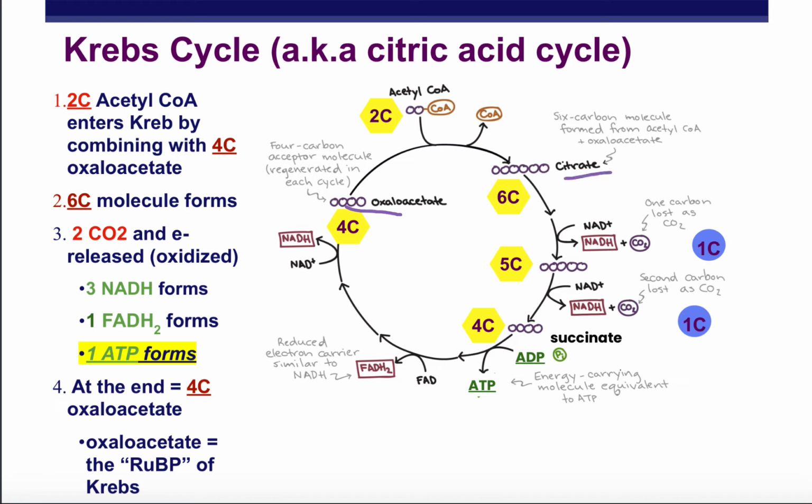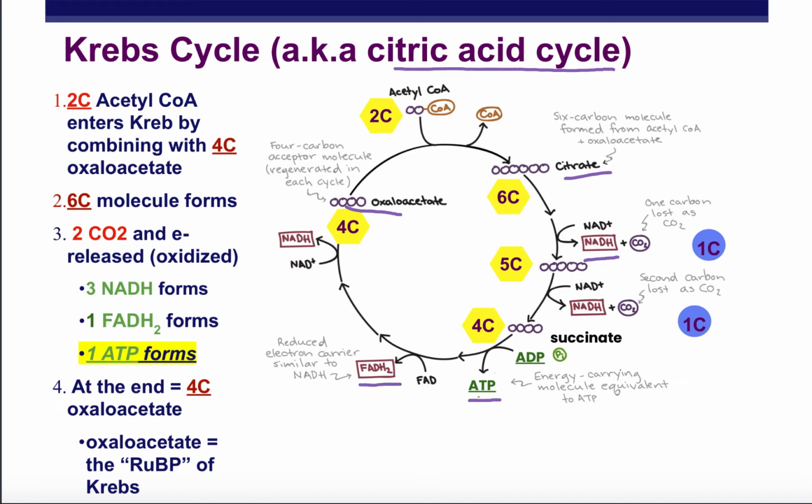It briefly becomes a 6-carbon molecule called citrate, which accounts for the Krebs cycle's second name, the citric acid cycle. The Krebs cycle is named after the guy who discovered it, Krebs. And then it undergoes a bunch of sub-processes that eventually release a lot of NADH, a little bit of ATP, and a decent amount of FADH.